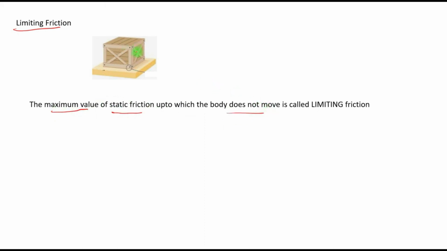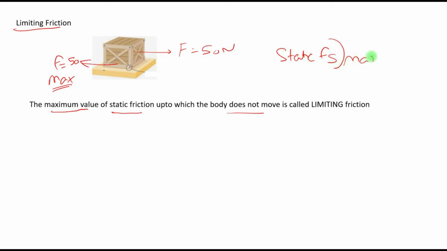So in this case, if the applied force is 50 newtons, the friction will also be 50, and this is the maximum possible value. So we can write it like this. The static friction, whose maximum value is called the limiting friction, is represented by FL.